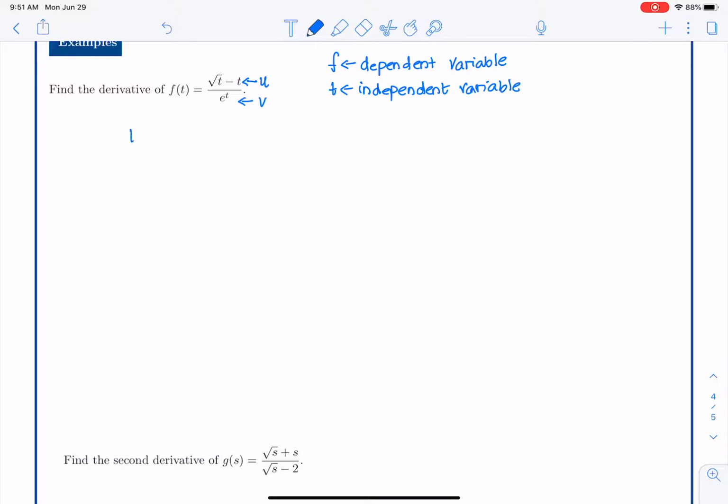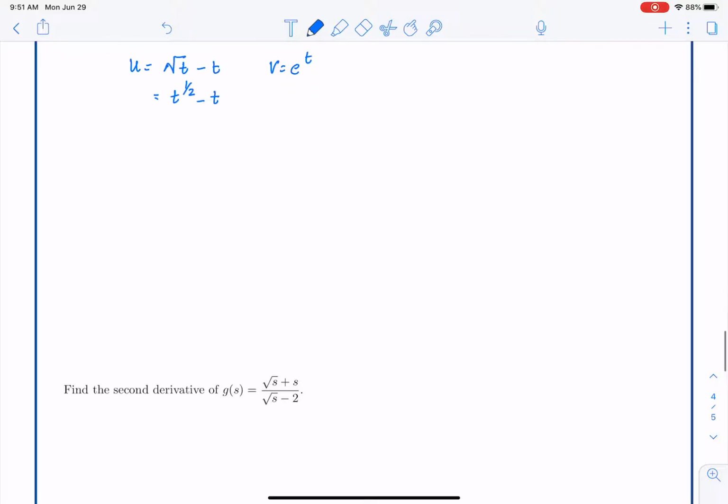So u here is square root of t minus t. V is e raised to t. We are going to take the derivative of u with respect to t. So square root of t, I could write it as t raised to 1 over 2, minus t. U prime is 1 over 2 t raised to 1 over 2 minus 1. The derivative of t is negative 1.